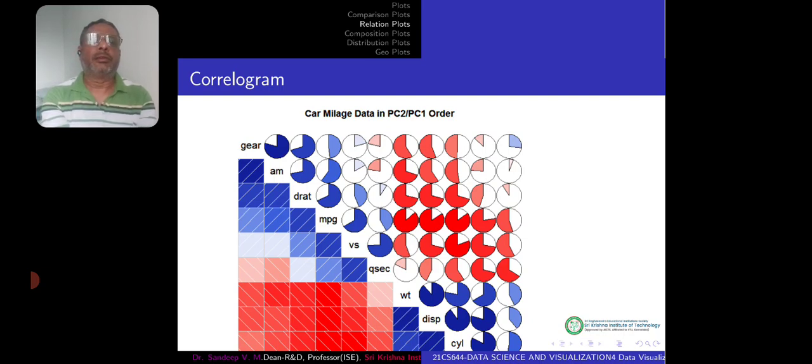Now on the other side, looking at the upper triangle, it is showing a different type of representation. Circles are shown, and in each circle some area is shaded with different colors. So the amount of shade in that circle conveys one meaning, and the color conveys one more meaning.